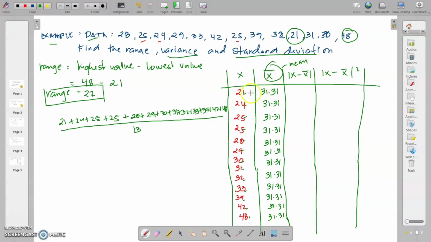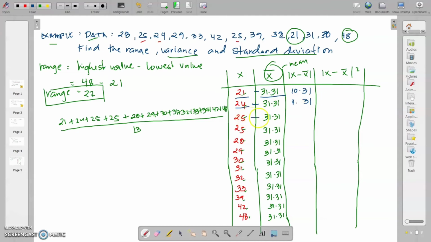So, what is the x minus x bar? I-minus mo lang itong si 21 minus 31.31 equals to 10.31. Next is si 24 minus 31.31 equals to 7.31.